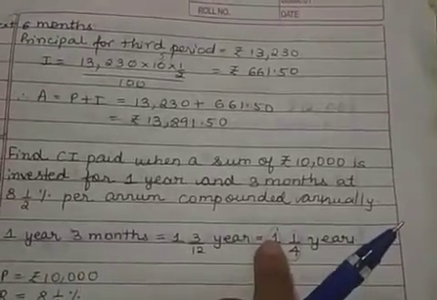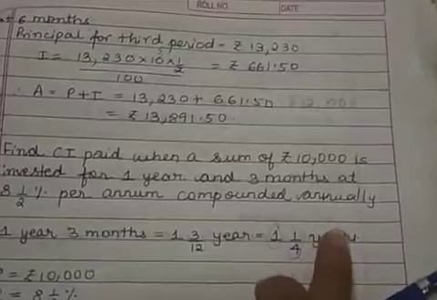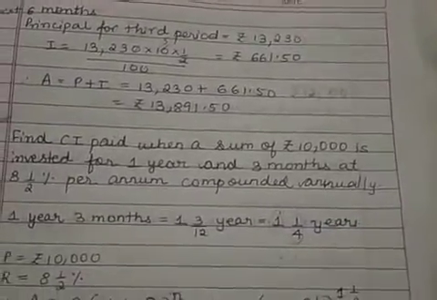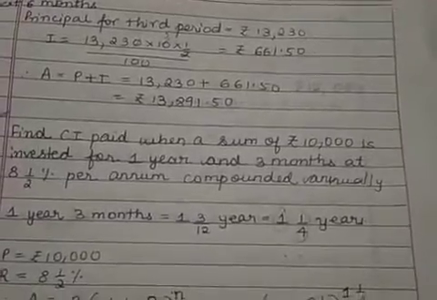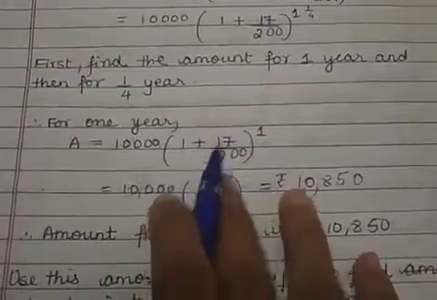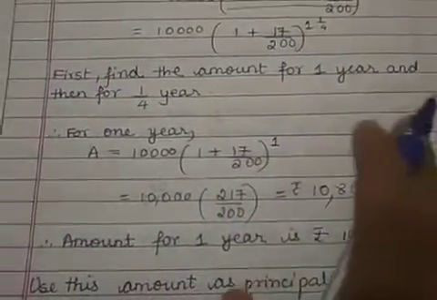Whatever amount we get here, we take as the principal for the next 1/4 year. So let us do the calculations: first find the amount for 1 year and then for 1/4 year.